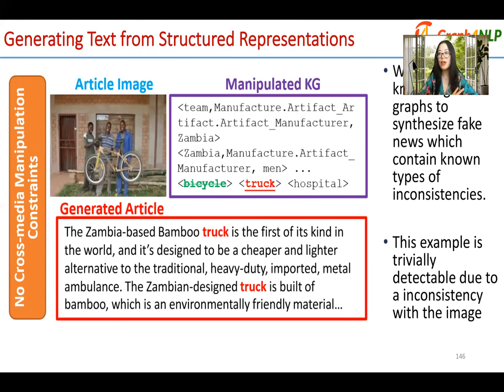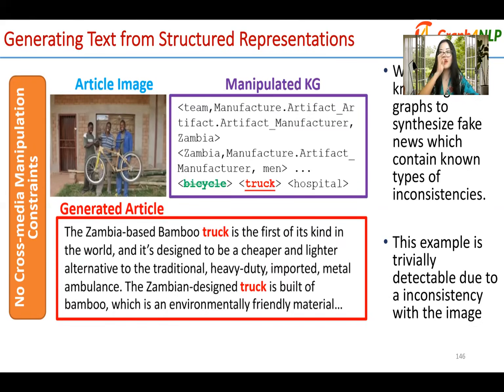So that's not what we want. For example, if we look at this document, if we replace the bicycle with a truck, then any human or system will be able to detect this as fake information because clearly the image shows a bicycle, right? So we don't want to touch any entities that are already grounded in the image.